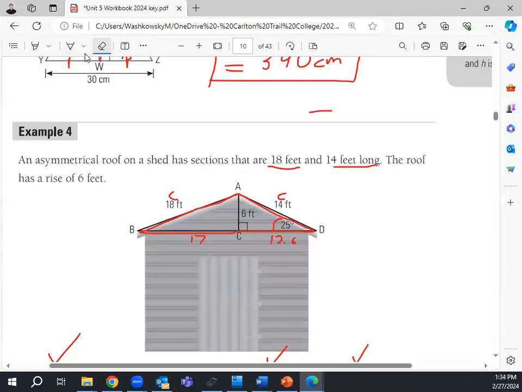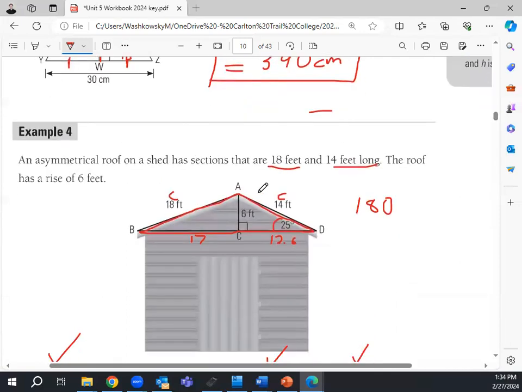What do I have to do? I have to find another angle here, because I know all three angles add up to 180 degrees. If I figure out what any one of these angles are, I'm going to know what type of triangle it is. So I can either find angle A or I can find angle B. To find angle A, here's the thing.